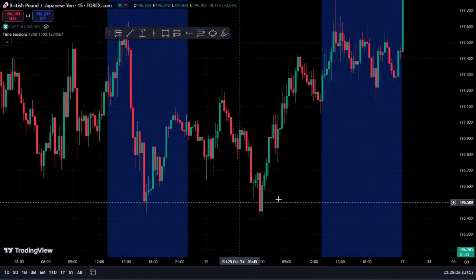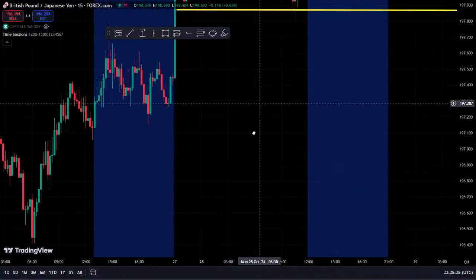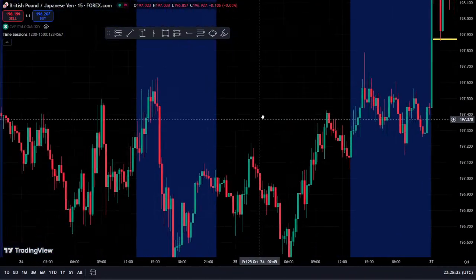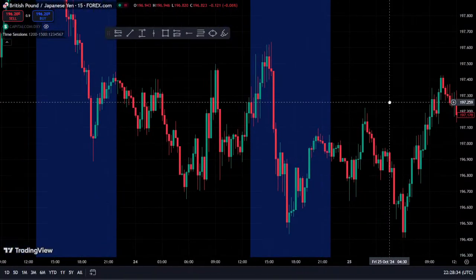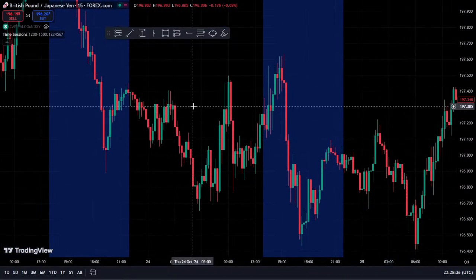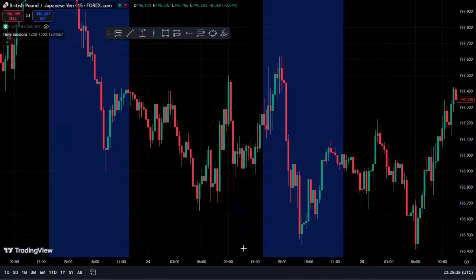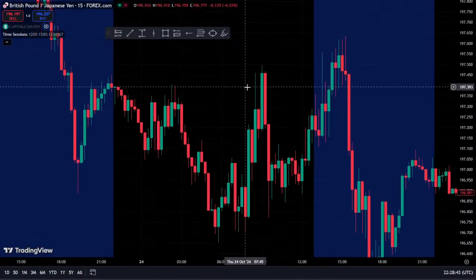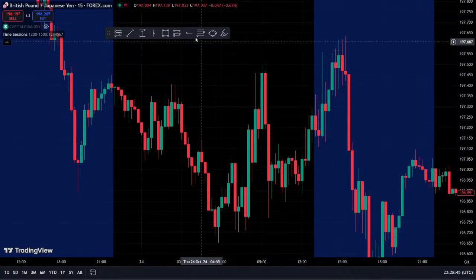Yeah, there we go. New York tends to have quite a bit of momentum. Alright, so using the same strategy as before, let's say the New York session just started. We just ignore that part.